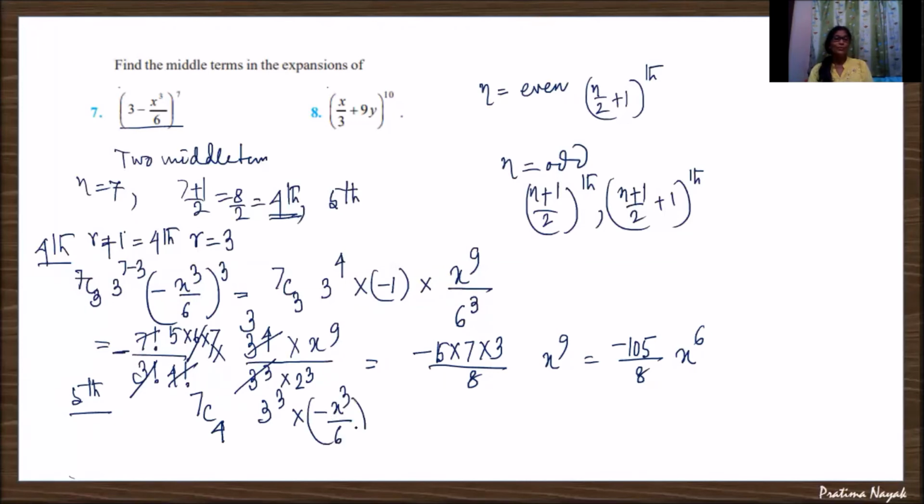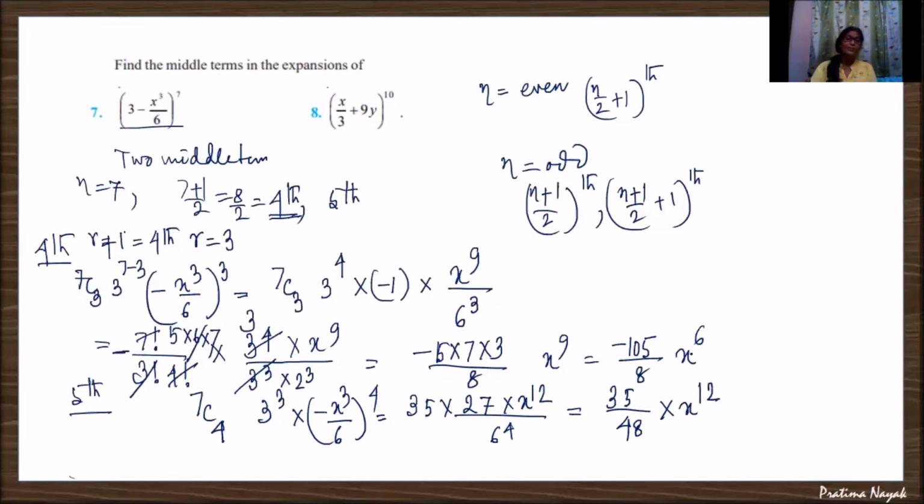So it will be positive. 7c4 is the same as 7c3, so it will be 35 multiplied by 27 multiplied by x to the power 12 by 6 to the power 4. So you will simplify. It will be 35 by 48 into x to the power 12. There are two middle terms.